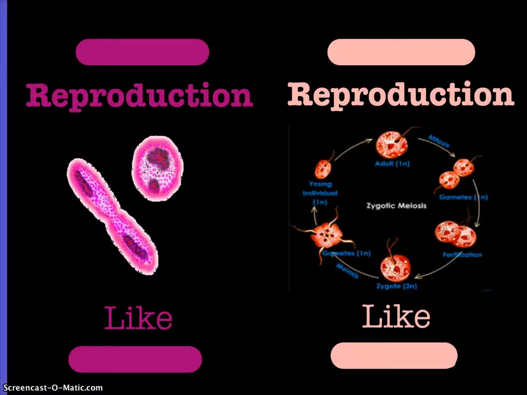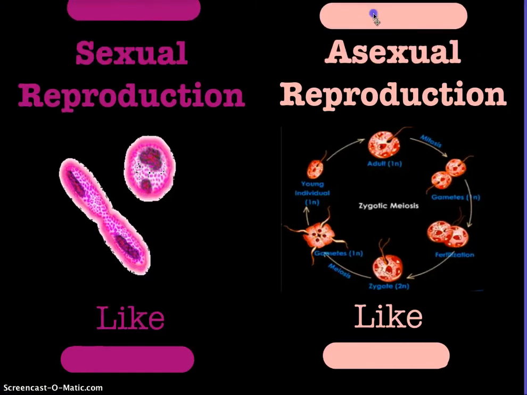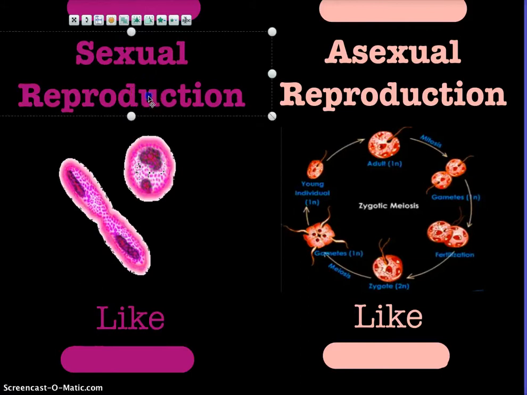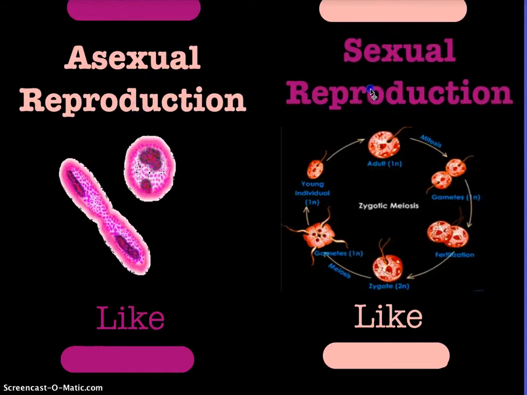So protists reproduce how? Asexual and sexual. Good. They reproduce both ways, asexual and sexual. I did this backwards, so let's swap these. If they reproduce asexually, it's like what? When you have one cell divides into two identical daughter cells, what do we call that?